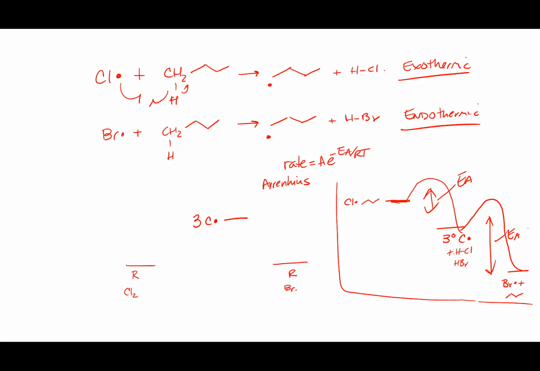What's more important is how does the endothermic and exothermic affect the rate of reaction now when I say, okay, this is an exothermic reaction to form a primary radical, this is an exothermic reaction to form a tertiary radical.